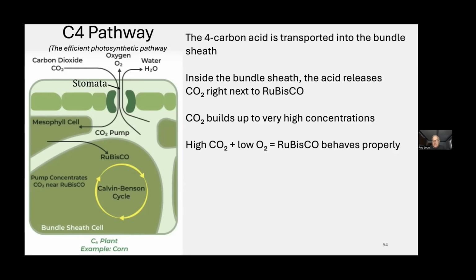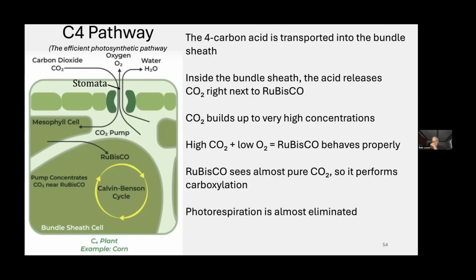High CO2 plus low oxygen means that Rubisco behaves properly, and it sees almost pure carbon dioxide in the cell, which then means that it performs carboxylation and very little oxidation. So photorespiration is almost eliminated, and the Calvin cycle runs more efficiently.